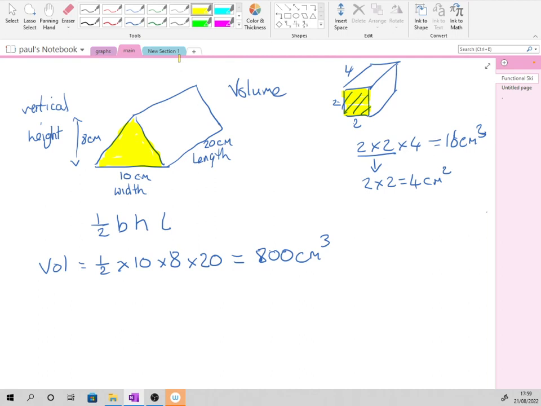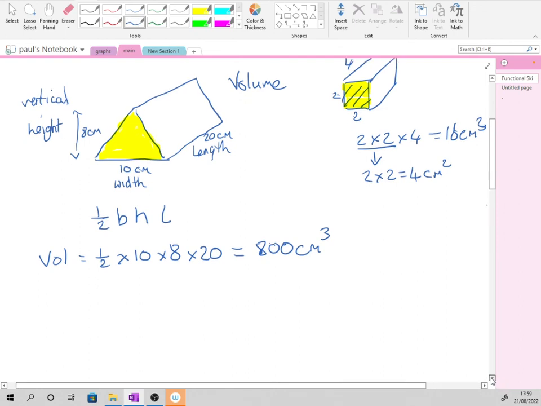You're not finding areas of anything. You need the vertical height in order to find the volume. When you get GCSE questions, you've got to work out the vertical height first, but we don't need to do that in functional skills. So there's how to find the volume of a triangular prism.